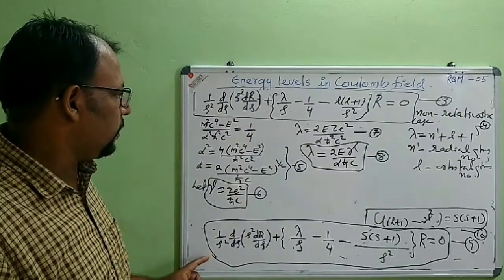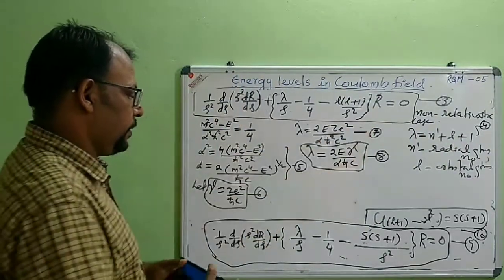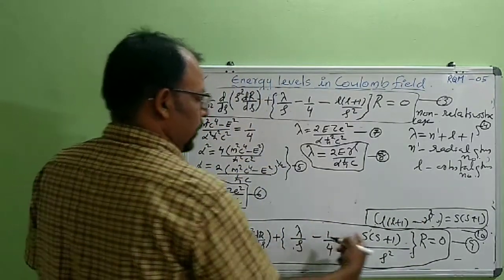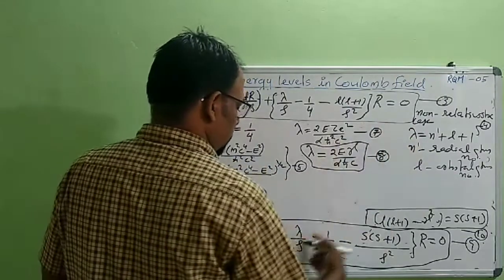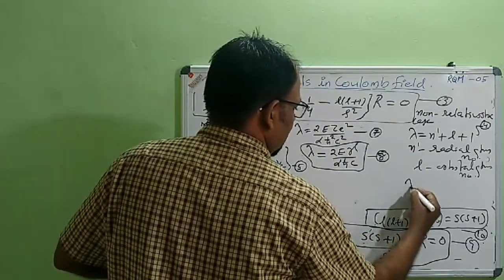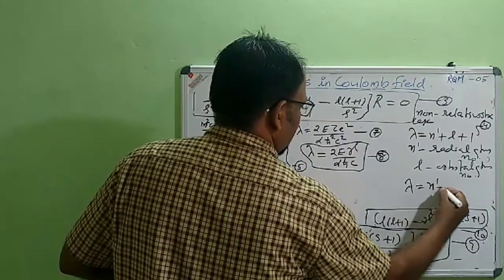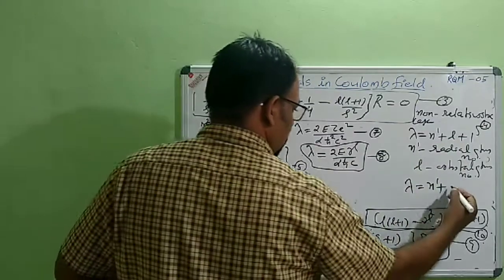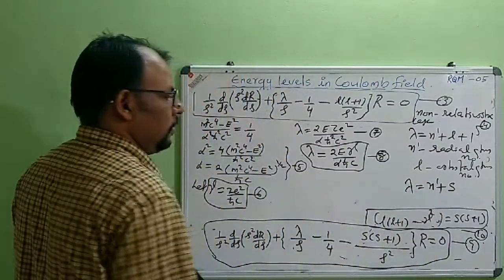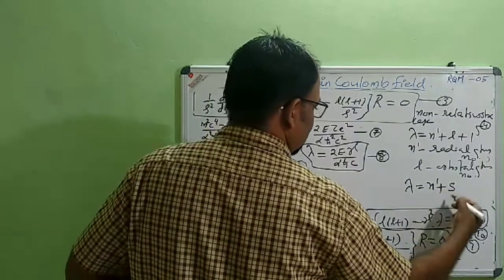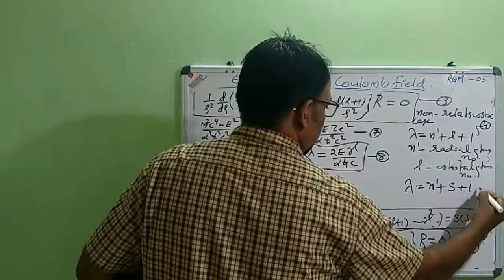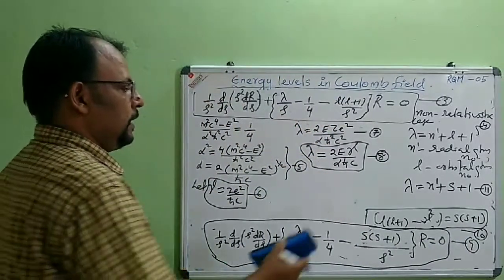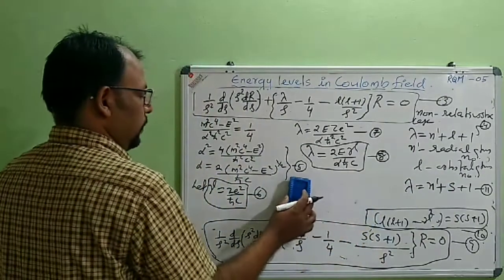Similar to that, we will obtain the relation between lambda and S. Instead of L, we are having another quantum number S, so lambda equal to n dash plus S plus 1. This is equation number 11. Now we find the value of lambda.